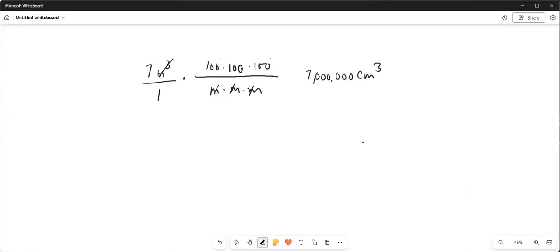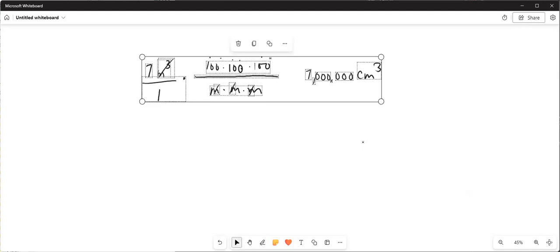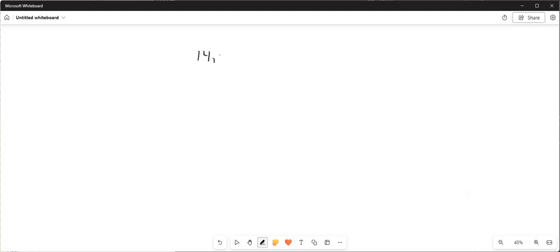So on example 79.1, use unit multipliers to convert 14,000 milliliters to liters. Okay, so we start with the 14,000 milliliters, and we're going to liters. So 1 liter equals 1,000 milliliters.